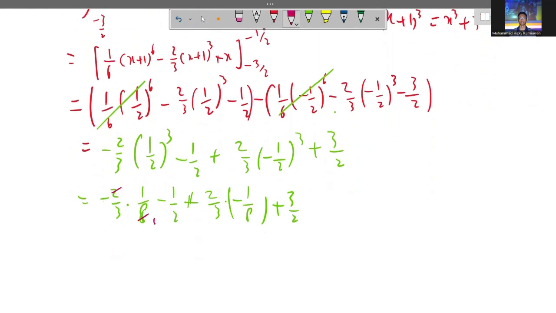So you get minus 1/12 minus 1/2, and this is plus 1 because minus 1 plus 3/2 is plus 1. And then minus 1/12, which is 10/12 or 5/6. Right.